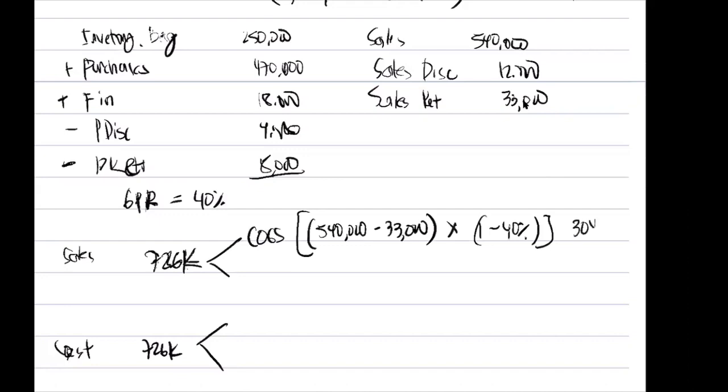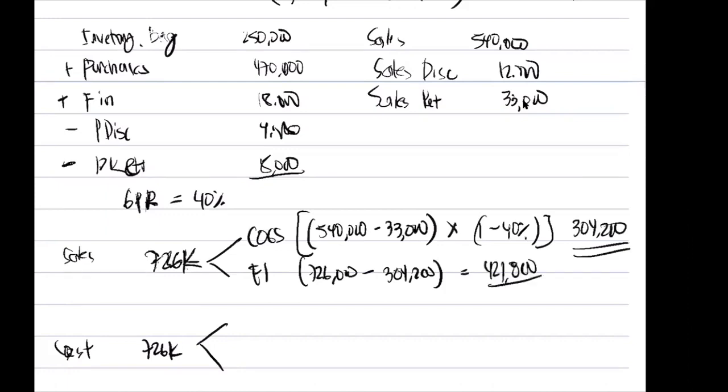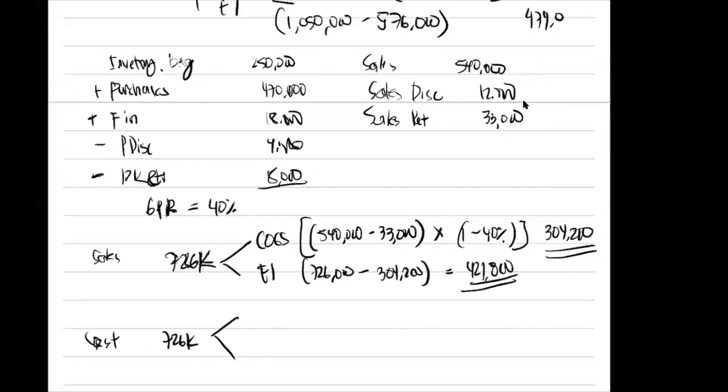We have 304,200. Now, what is our amount of ending inventory? So that is 726,000 less 304,200. We have 421,800.